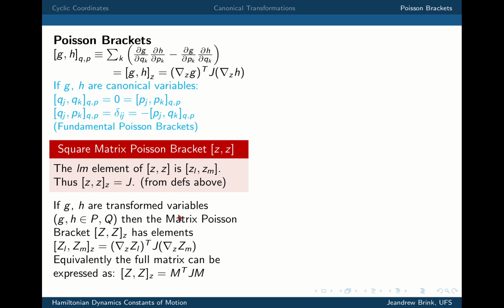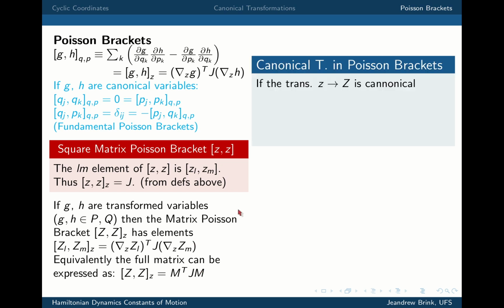If the transformation was canonical, in other words, this thing was symplectic, that M transpose J M was equal to J, then we simply have that our Poisson bracket is this. Okay, so this is true for any arbitrary transformation. If we then put the restriction that the transformation is canonical, then the symplectic condition holds, and the square matrix Poisson bracket of the new variables equals M transpose J M, which equals J.